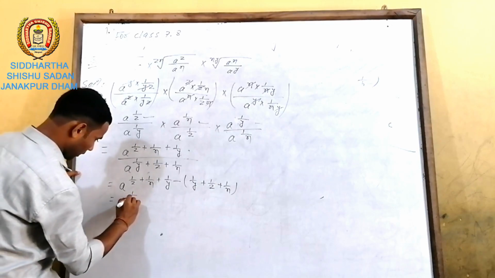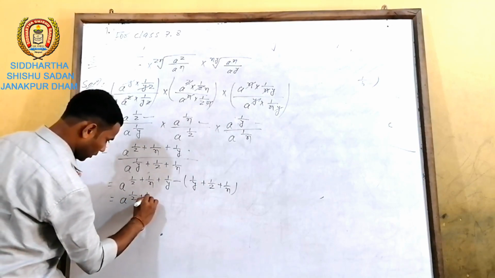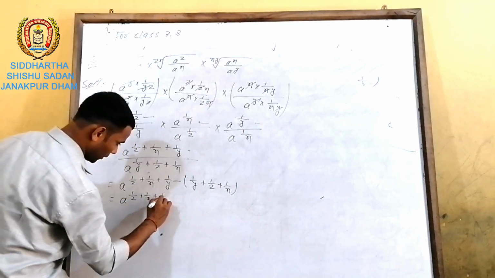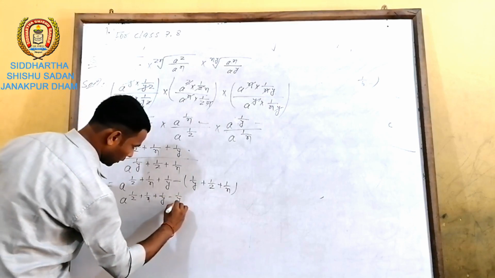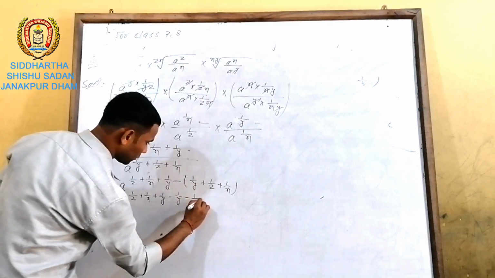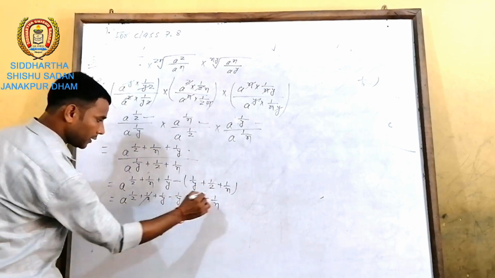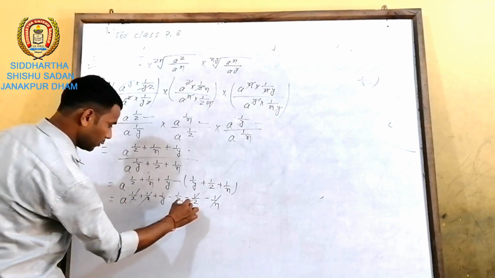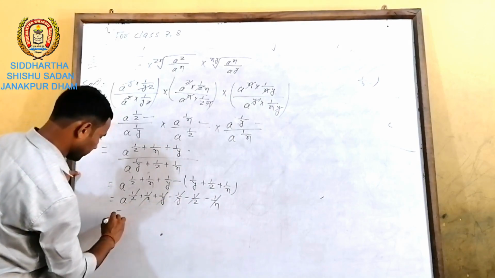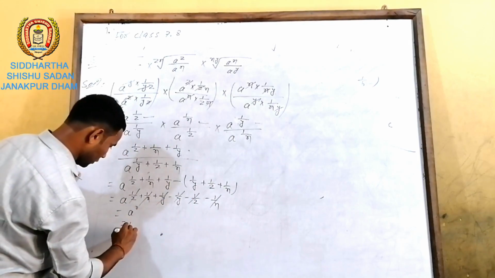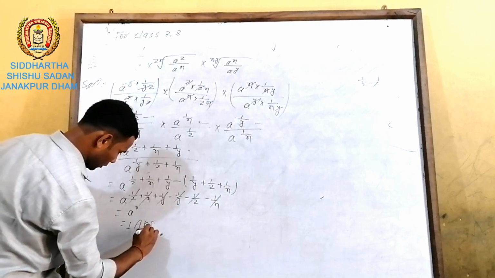So 1 by z plus 1 by x plus 1 by y minus 1 by y minus 1 by z minus 1 by x. 1 by x, 1 by z, 1 by y cancel. A to the power 0 is equal to how much? 1.